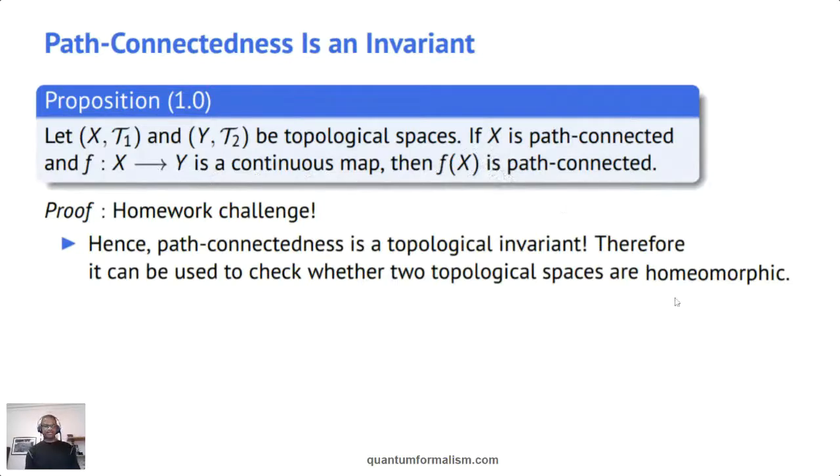So obviously we can use path connectedness to assess whether two topological spaces are homeomorphic. It's another invariant in our toolbox in order to assess whether two topological spaces are homeomorphic.